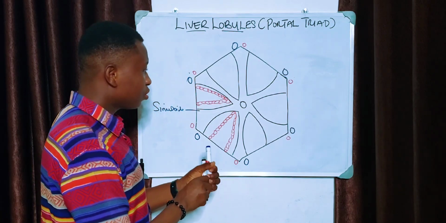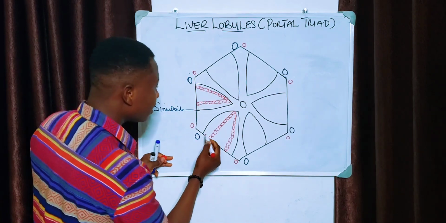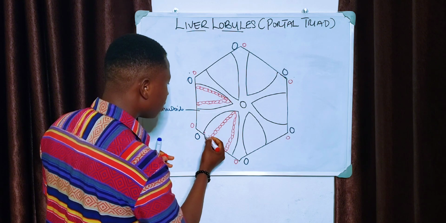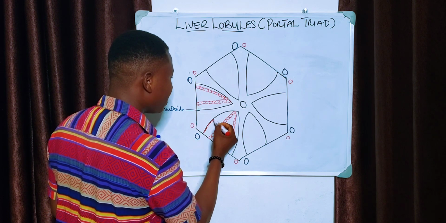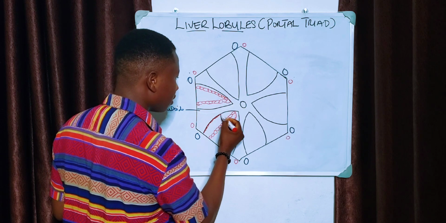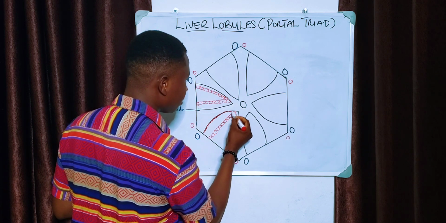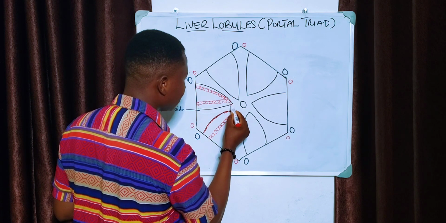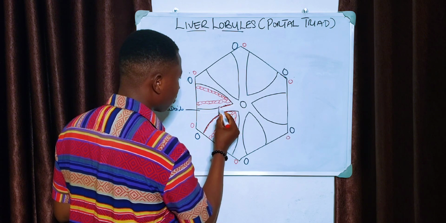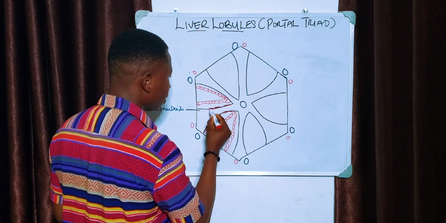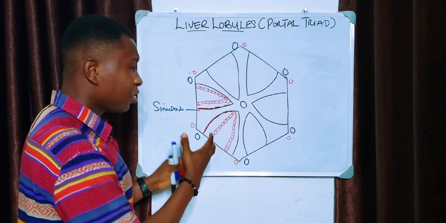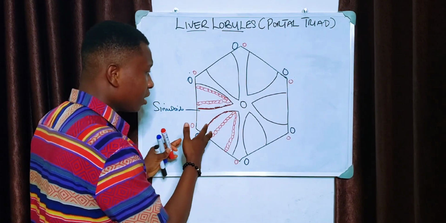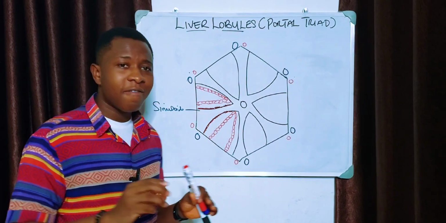Now, it's important to know that lining the sinusoid space are epithelial cells. We have epithelial cells that line the sinusoid space. And just like the capillaries, these cells have pores.